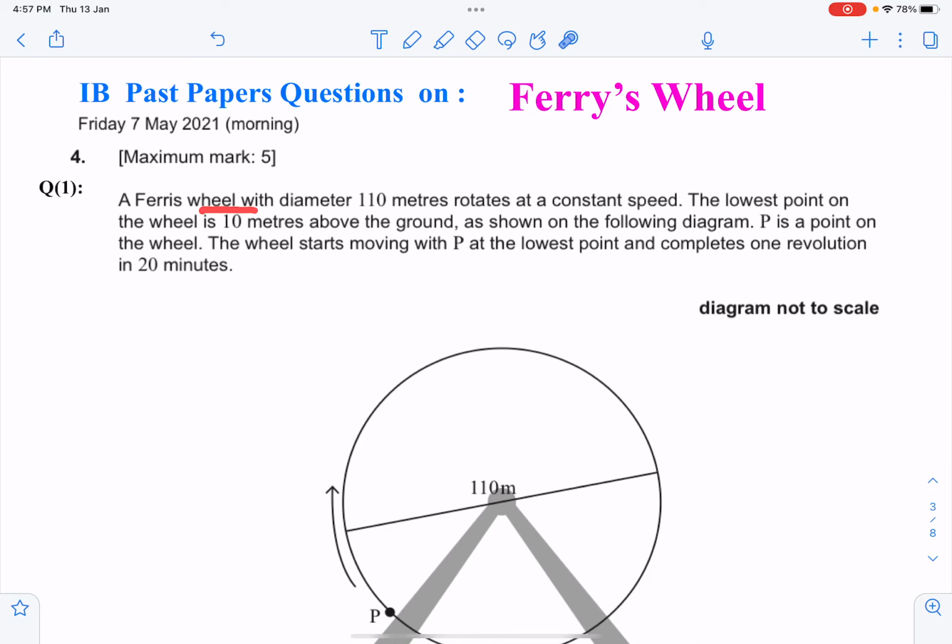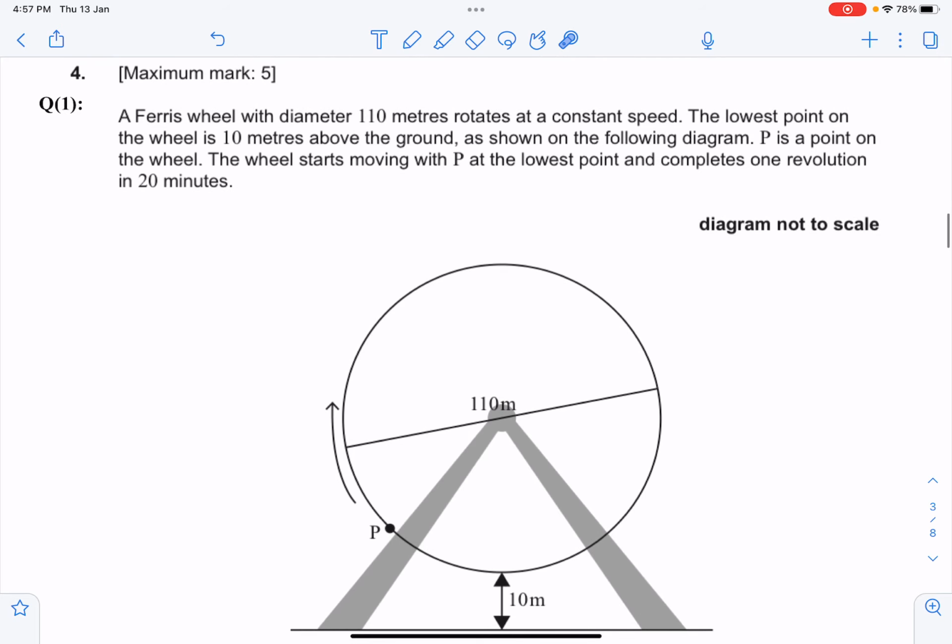A Ferris wheel with diameter 110, you can look at this Ferris wheel with diameter 110, rotates at a constant speed. The lowest point on the wheel is 10 meters above the ground. So this distance from the ground is 10 meters as shown on the following diagram.